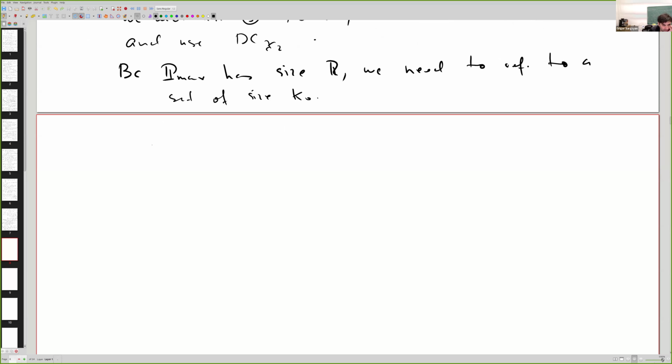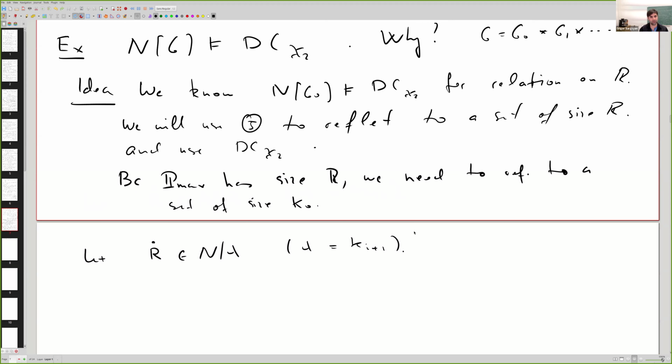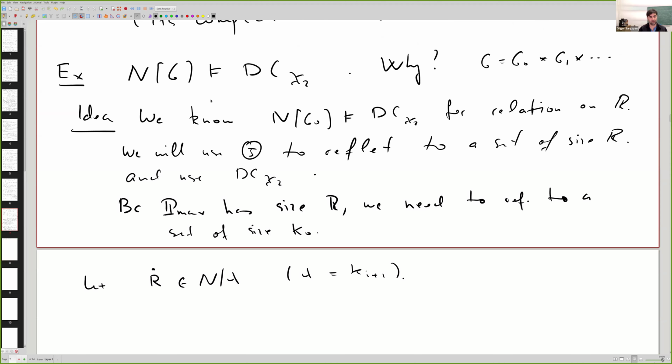So let R be some relation in N up to some lambda. Lambda is one of the kappa I's, kappa successor ones, right? It's a Pmax name, let's say.